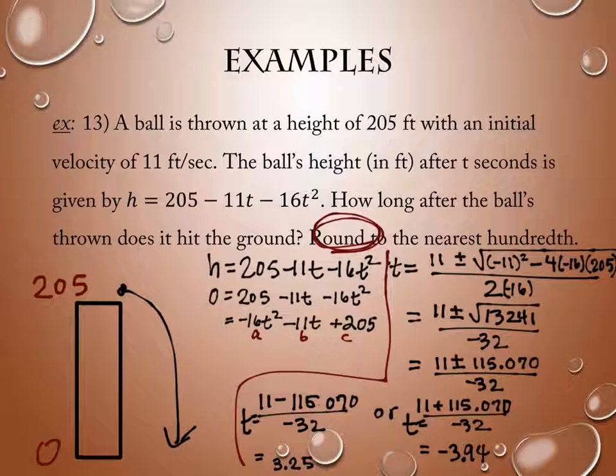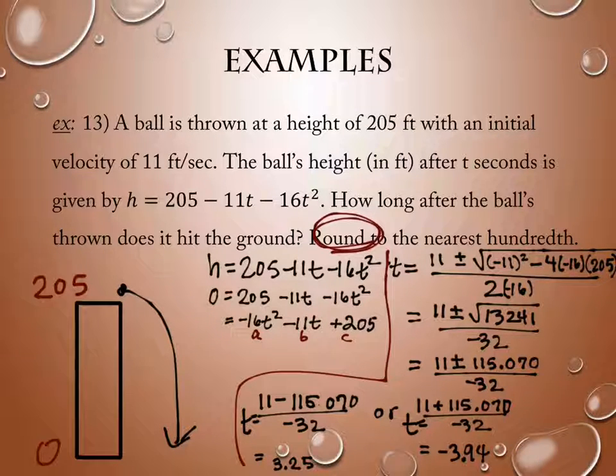This is a question that has context. So we need to decide if either one of these answers makes sense, if both of them make sense, or if neither of them makes sense. What is t representing in the context of this problem? Time. So tell me about these answers. We're not having negative time. Doesn't work like that.